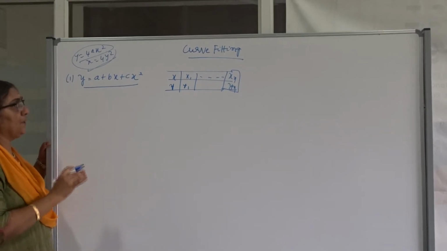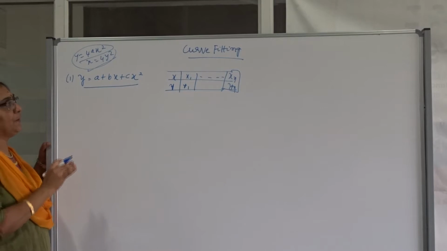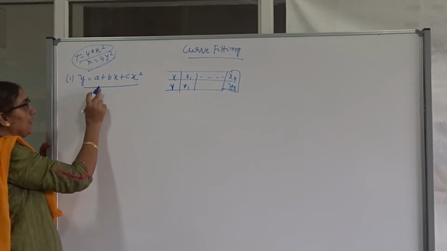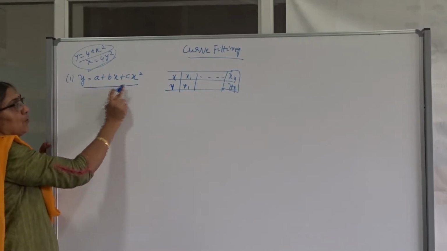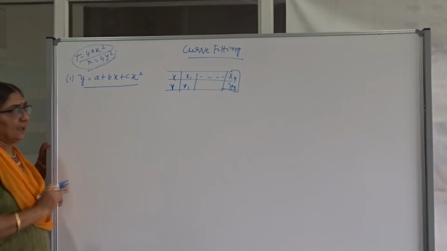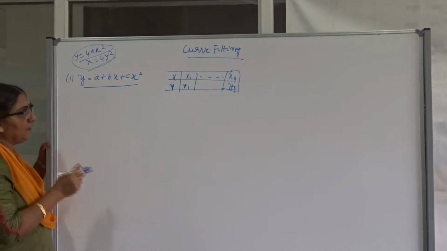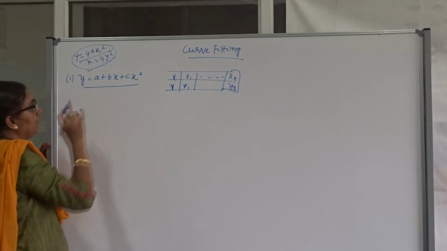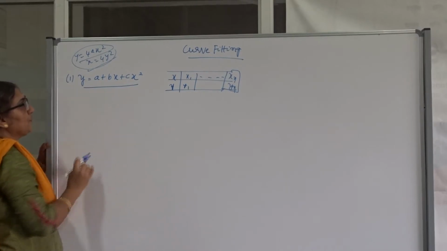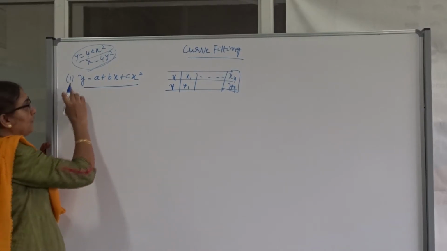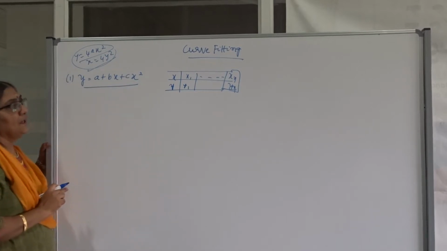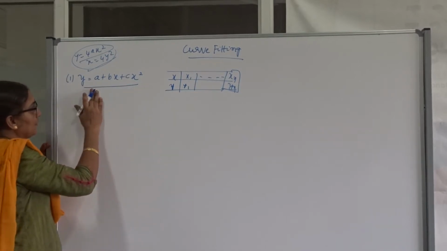If you want to find the best approximation curve for the parabola, we take the general equation of the parabola, which is nothing but a quadratic expression. In the problem it may or may not be mentioned, but keep in mind, whenever they ask to fit a parabola, I have to take the general equation of the curve in quadratic form. This is the general equation of the parabola.